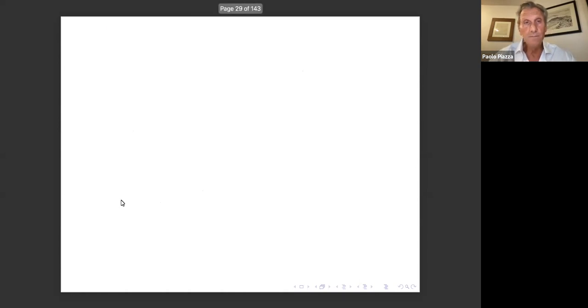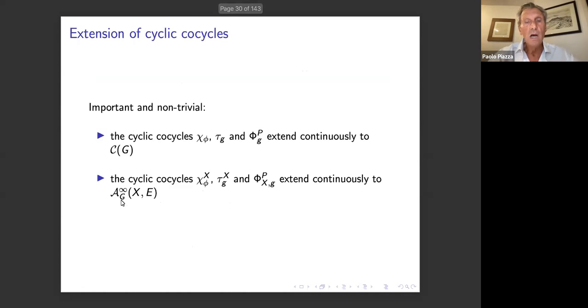Now a very important point, and this is a non-trivial point, is that these cocycles extend continuously to the Schwartz algebra. So they extend from the compactly supported group algebra to the Harish-Chandra algebra.